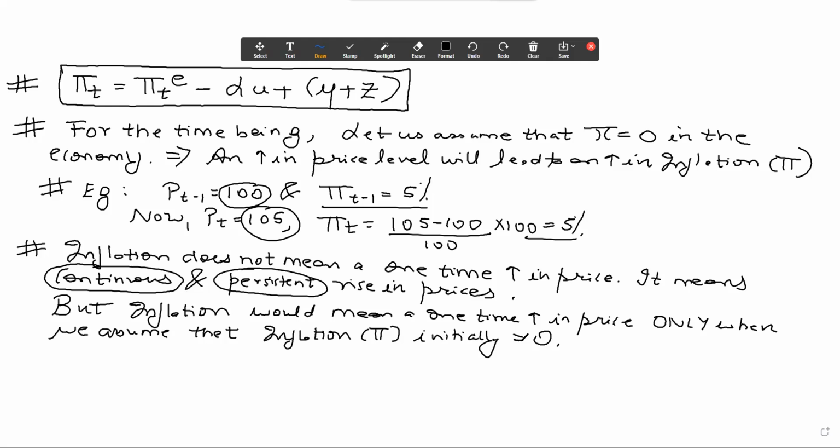Guys, if I assume that inflation initially instead of 5% is 0, then a one-time increase in price will lead to an increase in inflation.